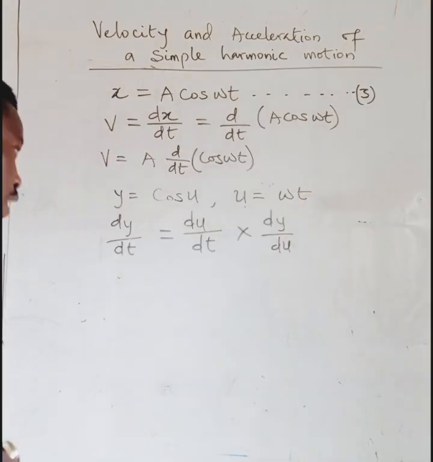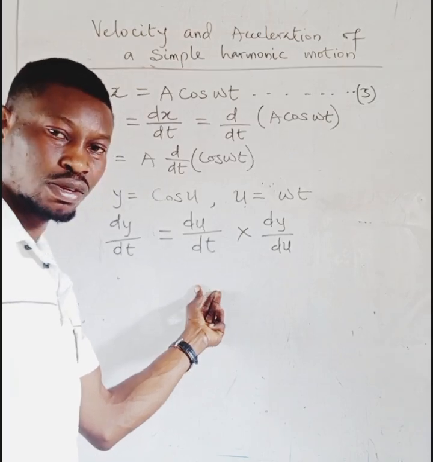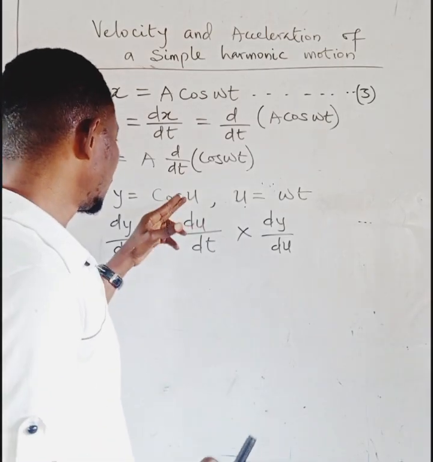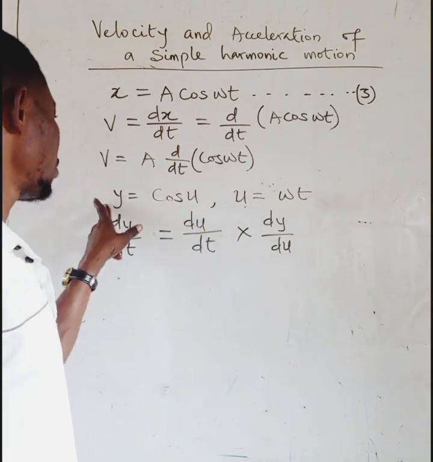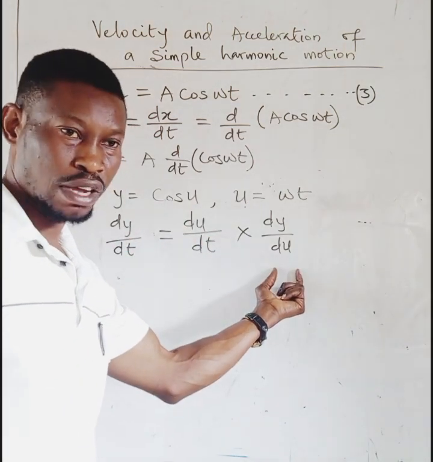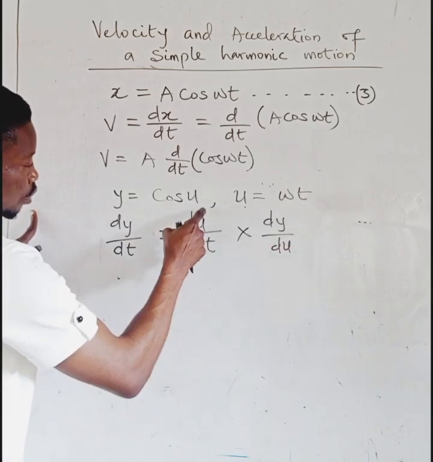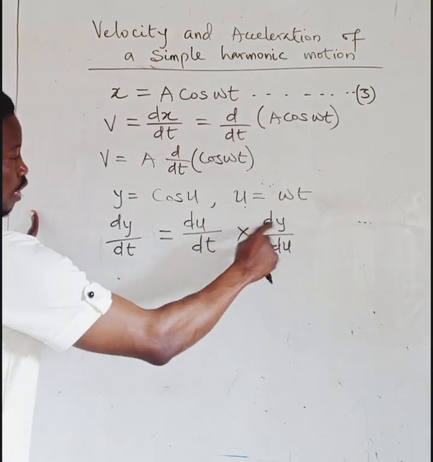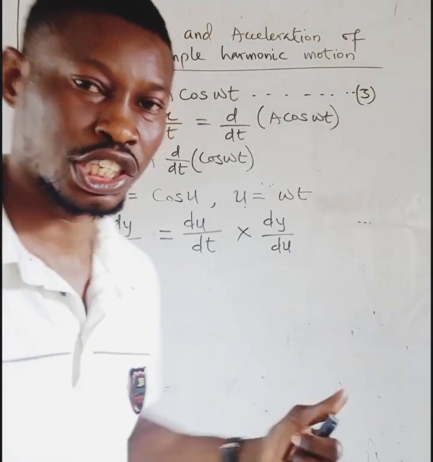So first, differentiate u with respect to t, and next you differentiate y with respect to u. We will see that u cancels out u, and what is left is dy/dt, which is the same thing as what we have on the left hand side, so nothing changes.